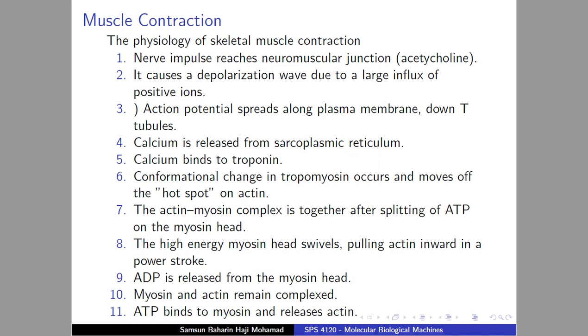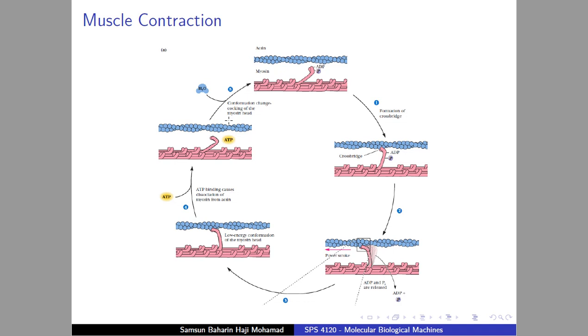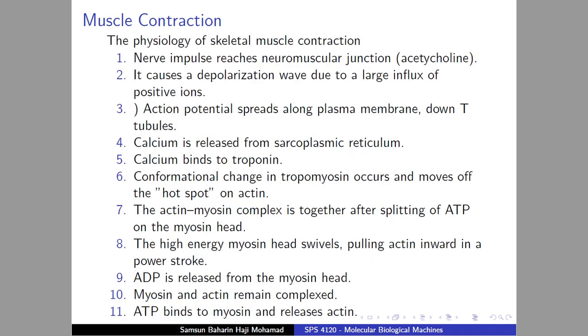Okay, so these are the step by step of this diagram. The theory of skeletal muscular contraction: the impulse reaches the neuromuscular junction, acetylcholine diffuses, causing a wave due to a large influx of positive ions. Action potential spreads across the plasma membrane down to the tubule. Calcium is released from the sarcoplasmic reticulum, and the calcium binds to troponin.